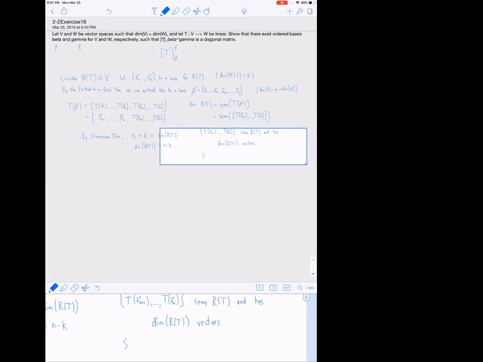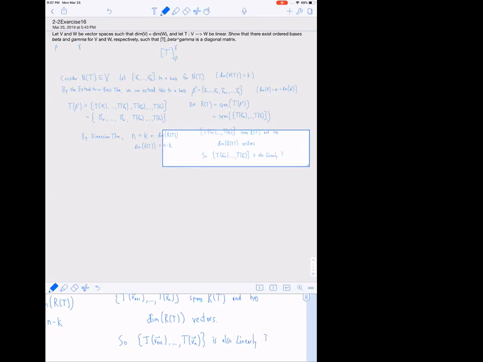So this set is also linearly independent.